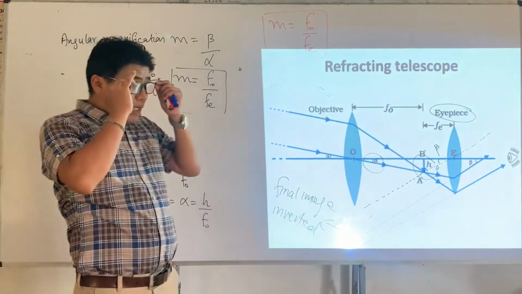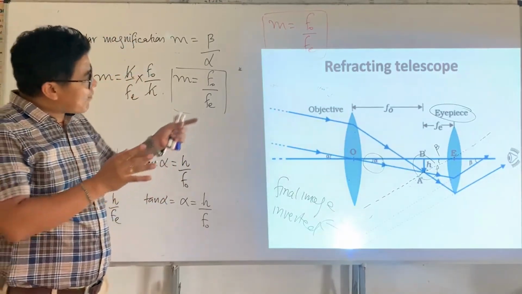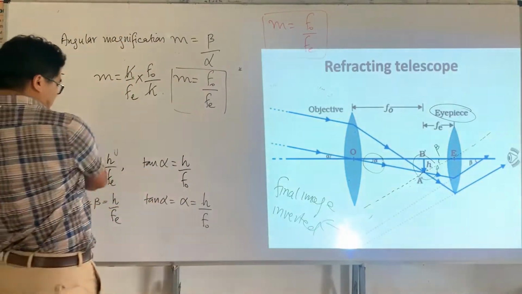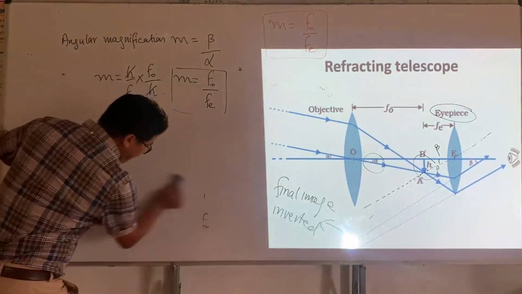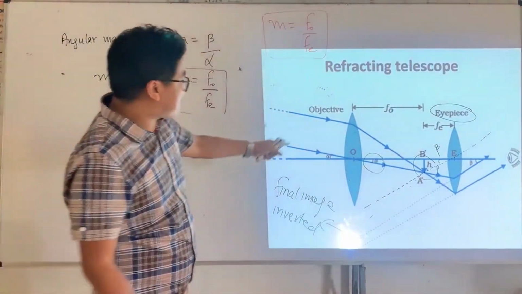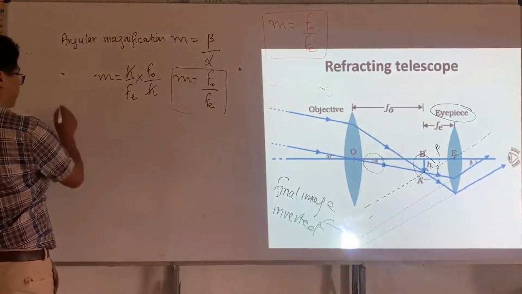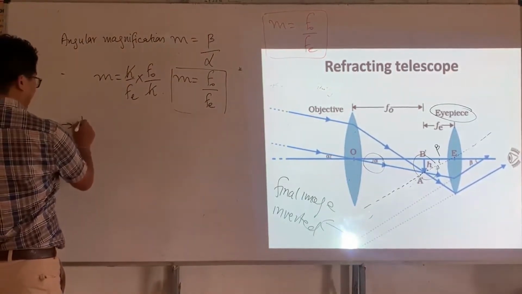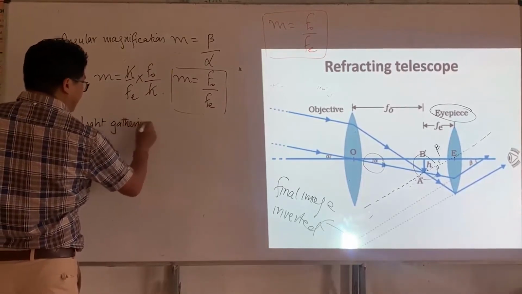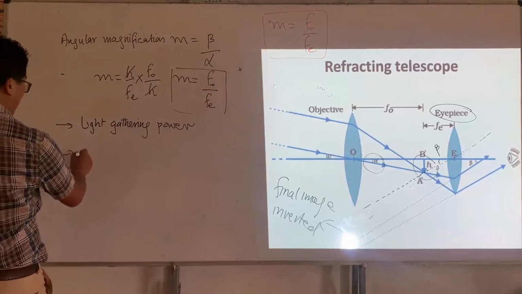Alright. So therefore, whenever we design a telescope, we always keep the objective lens as big as possible. Right. So what are the advantages? What is the significance of keeping the objective lens big? In the case of a telescope, we talk about two important factors, that is light gathering power and resolving power.